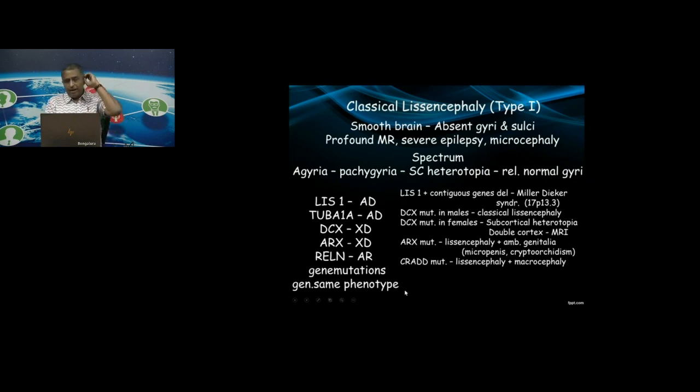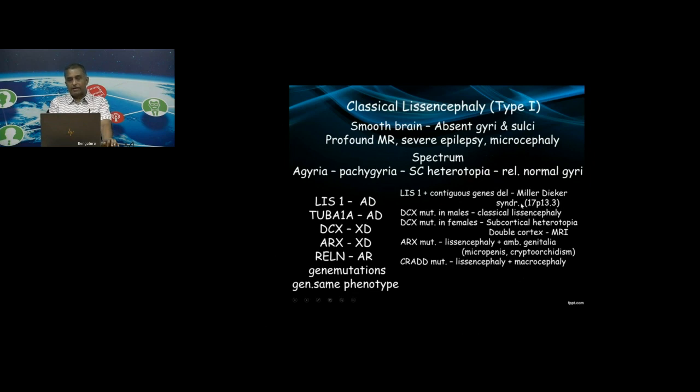Now, a little more genetics is very relevant over here. If the LIS1 gene is abnormal, and also the contiguous genes on either side are abnormal, if there are deletions of these genes, you get what is known as Miller-Dieker syndrome. So LIS1 alone is classical lissencephaly, but when it is associated with contiguous genes which are deleted or abnormal, you get Miller-Dieker syndrome.